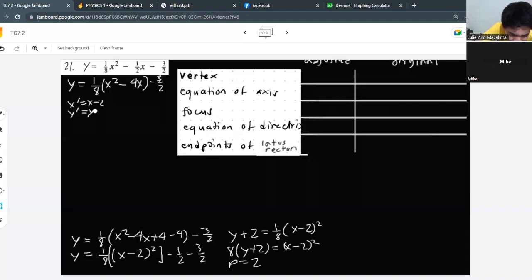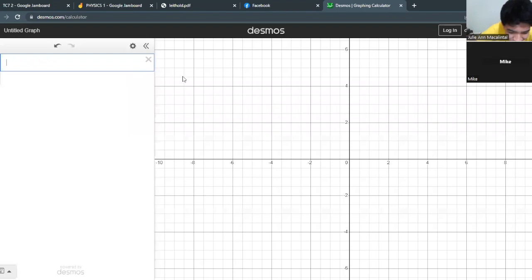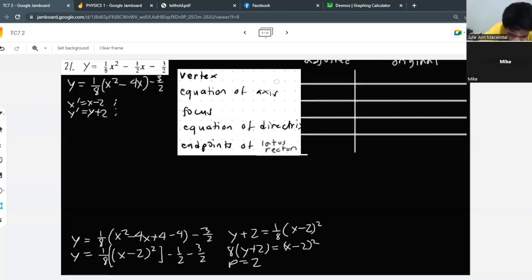Now, before we do the find-the-vertex step, let's graph the... so our equation is 8. No, sorry, let's go back.